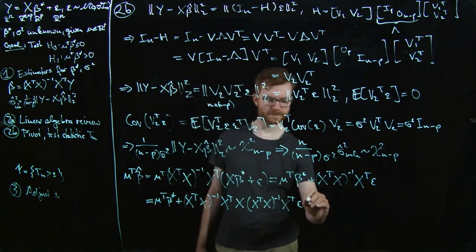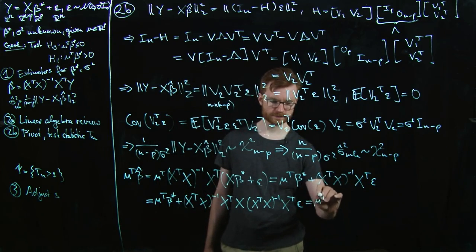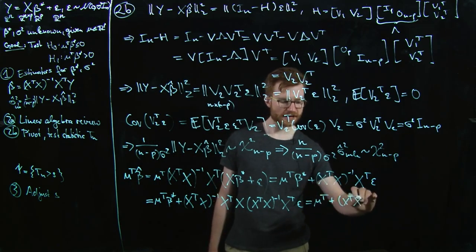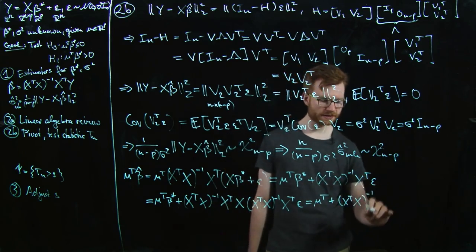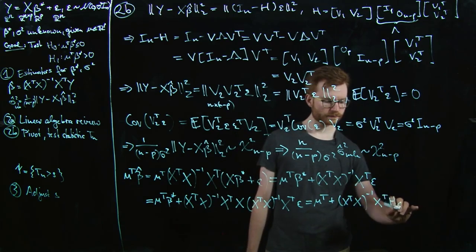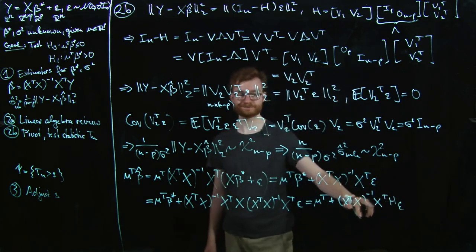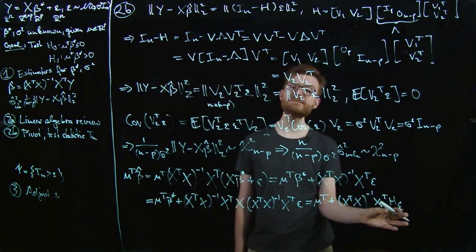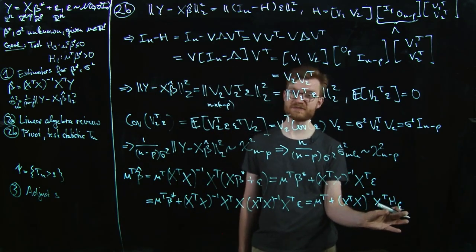So in other words, we can express the error in our estimator as H epsilon. And now this is, again, an unbiased Gaussian random variable.